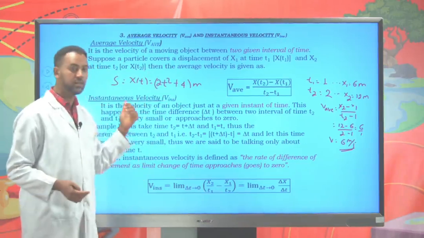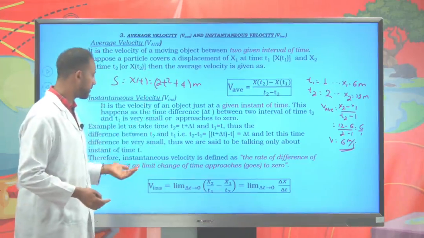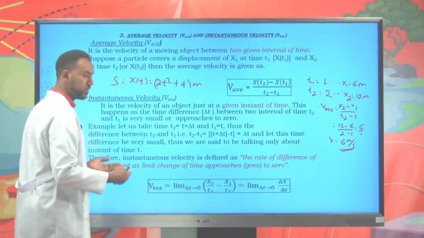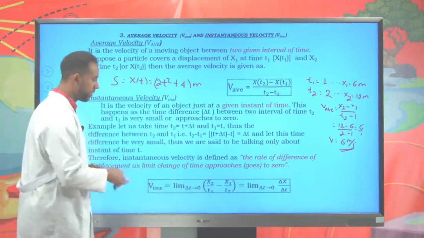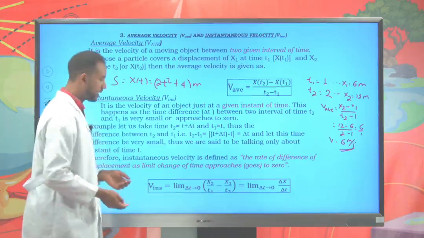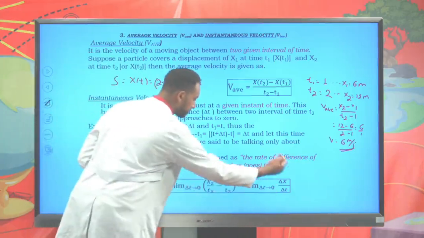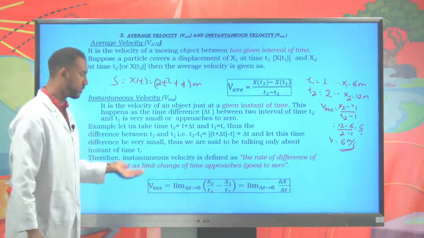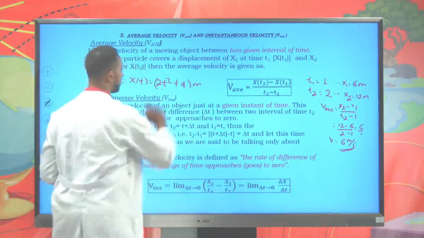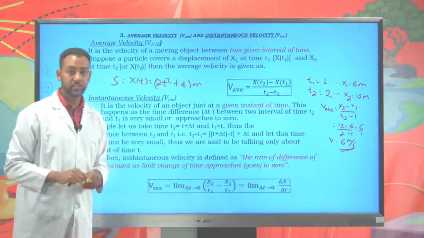To find the instantaneous velocity, we have to use a mathematical approach known as limit or derivative. Actually, you have learned this in your mathematics lesson. So it's possible to use the derivative techniques or the limit techniques to derive these functions and find the instantaneous velocity.